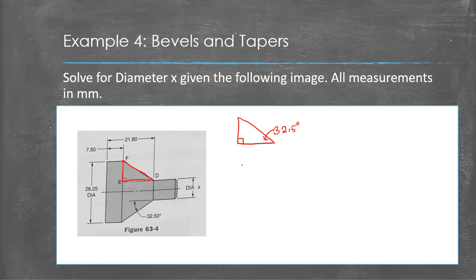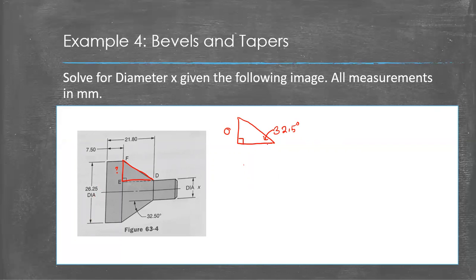Okay. Now we need some sides. So what sides can we find? I'm looking for X. In order to find X, I'm going to have to find this height and subtract it from what we have on the far end. So I'm going to call this the opposite, just for easy words.